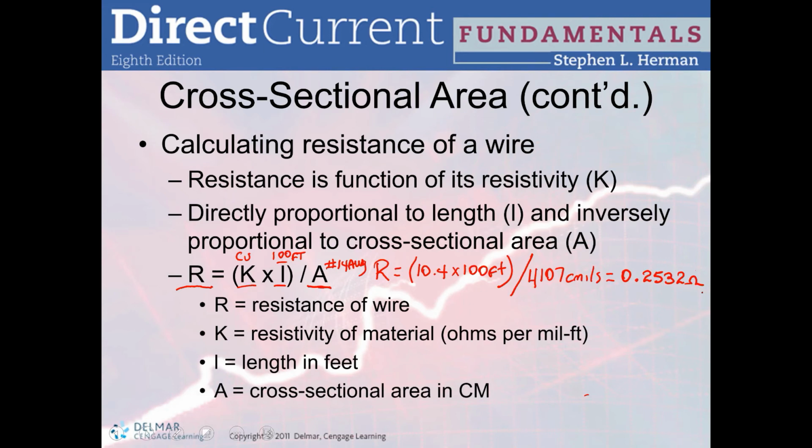And you may wonder, okay, sure, I found the resistance of that wire, so what? With that information, you are going to be able to apply Ohm's law and determine the voltage drop through that conductor.